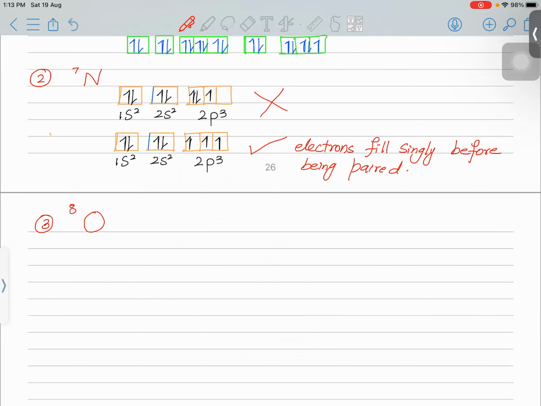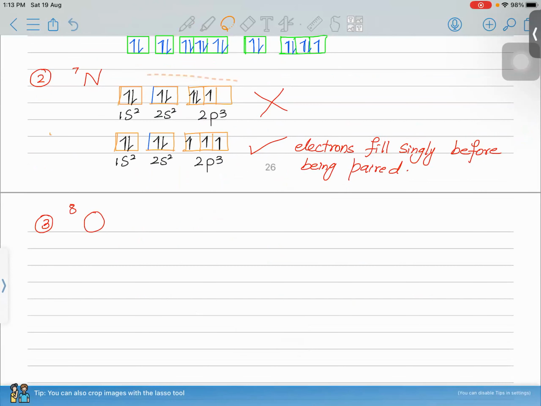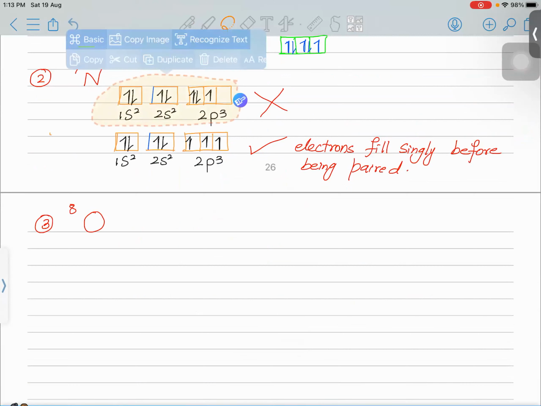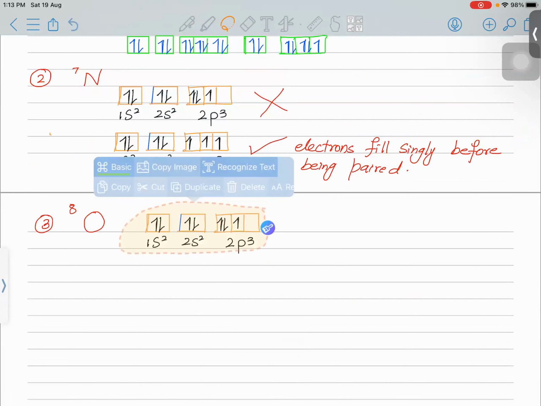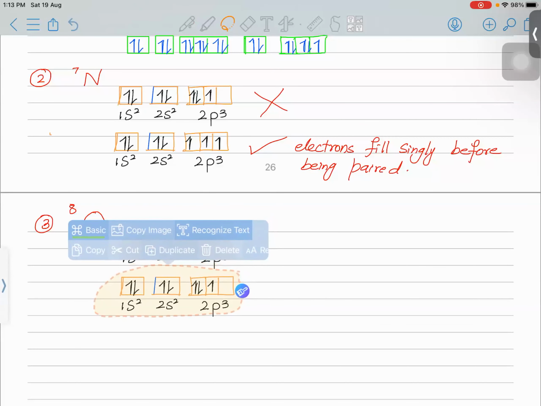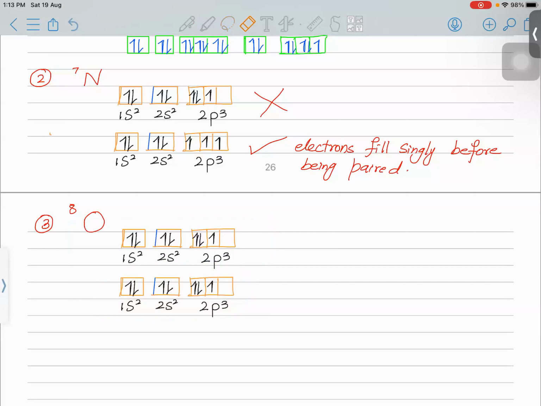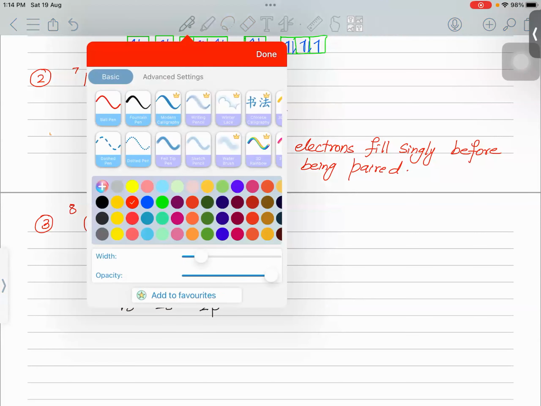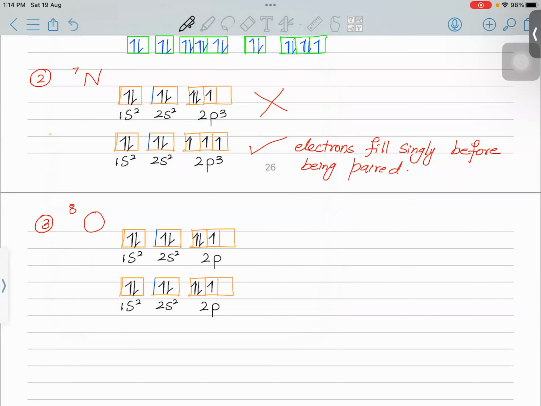O8. Now, oxygen 8 is 1s2, 2s2, 2p4. So, which one is correct?